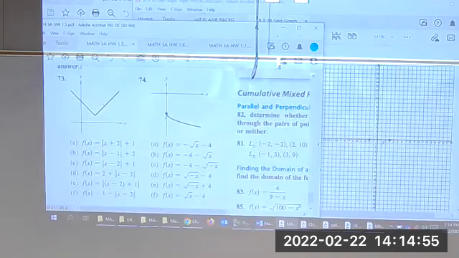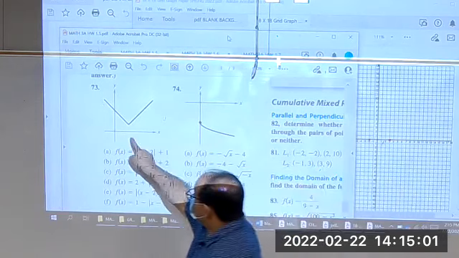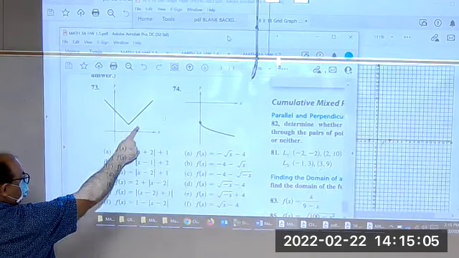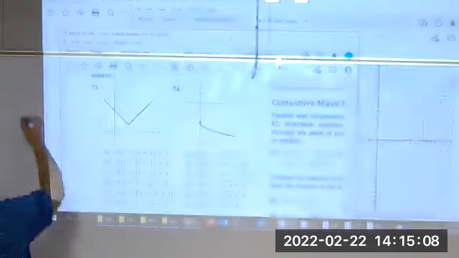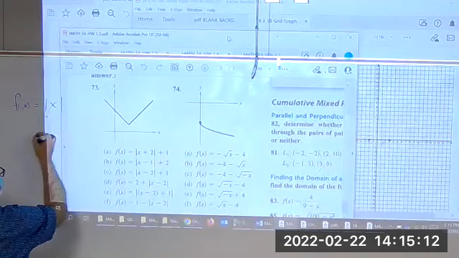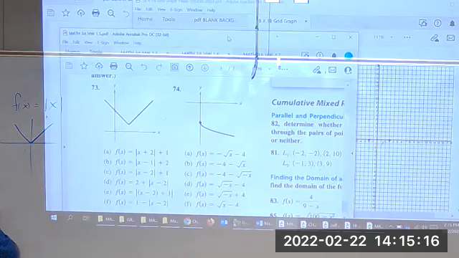You see how it's over here in quadrant 1. So the parent graph, f of x is absolute value of x, just plain old x. Its vertex would be at the origin right there.